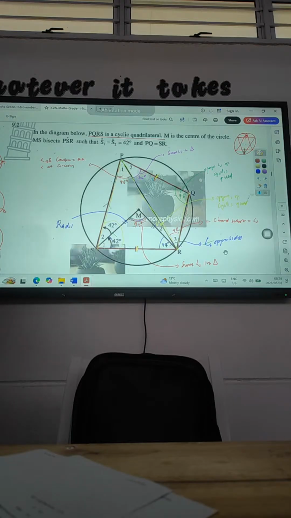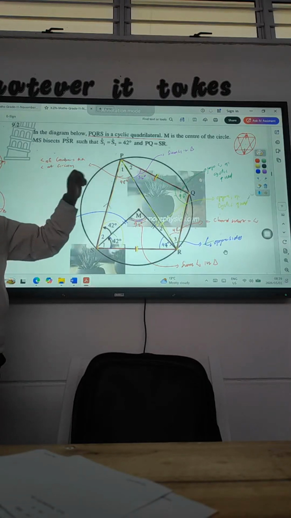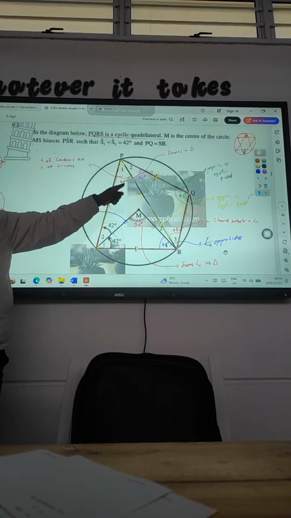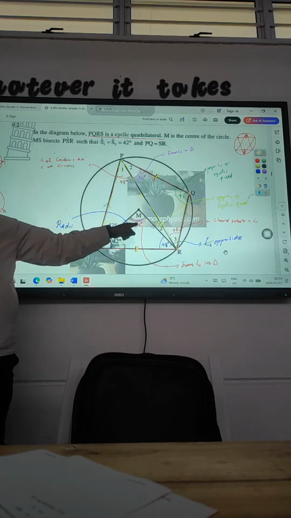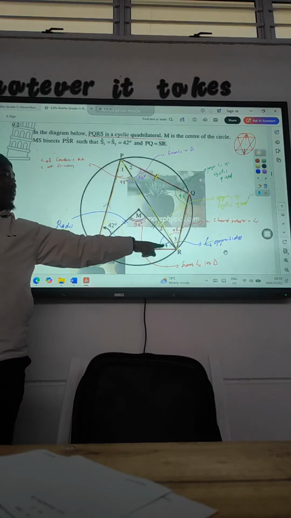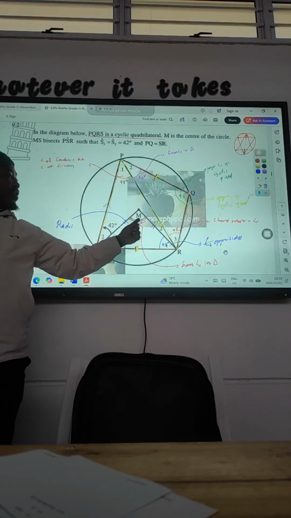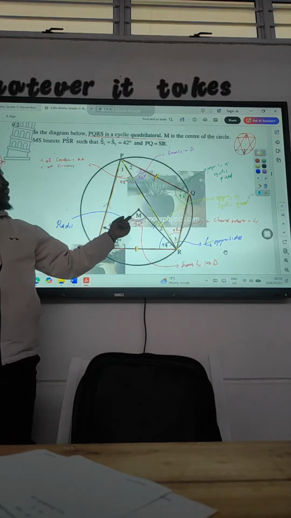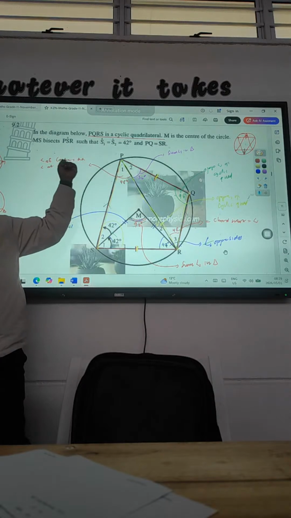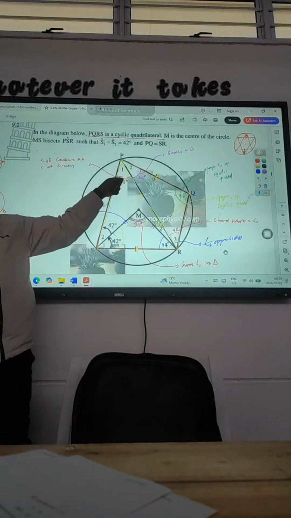They're asking what is P1. P1 is actually 48. For us to get to 48, we had to find this angle first. So you say, angle M equals, sum of angles in a triangle. And then P1 will actually be 48.